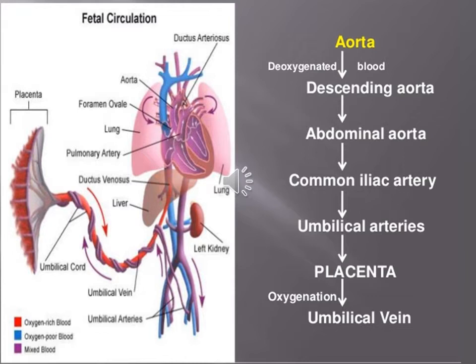So this diagram shows exactly what's occurring in the fetal circulation. The blue color, the umbilical vein exactly, carries the oxygenated blood, and the violet color, which are the two umbilical arteries, and the aorta, ascending and descending, all carry the deoxygenated blood, and there is mixing of blood in certain areas, remixing.